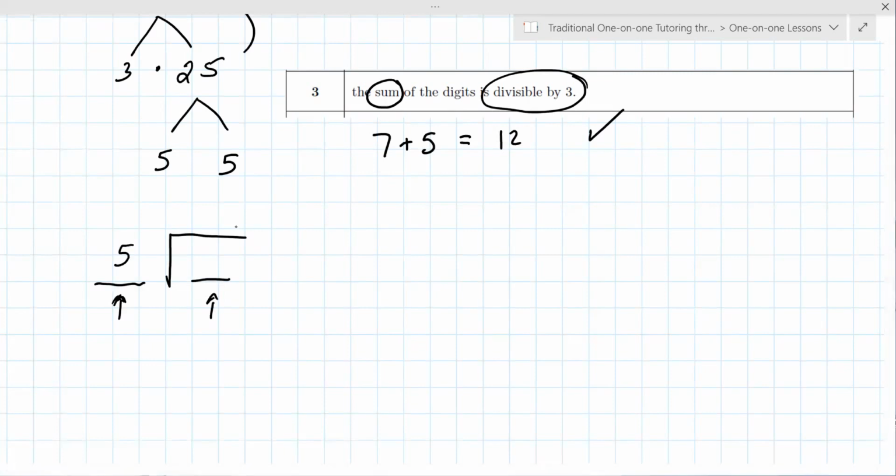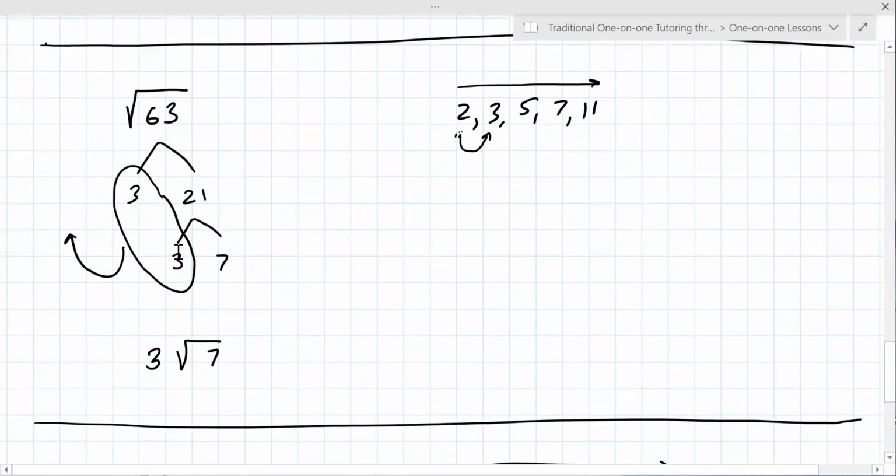Let's go back and look at the previous problem. So you circle your pair and the pair is what comes out. Why is there a 7 here? Because that's where the 7 belongs. What's left over? You keep your leftovers. You put them in the fridge. In this case, you put them under the root.